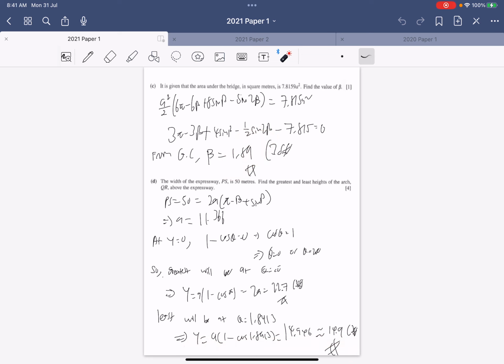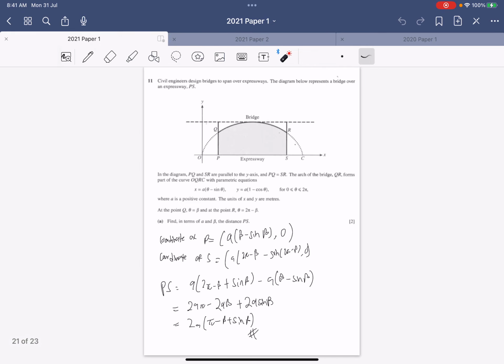As for the greatest height, we know that PS is now 50, so we can actually find a already. For the greatest height, you can first find the intersection O and C. Then you just take the symmetry. By symmetry, the greatest height is in the middle.